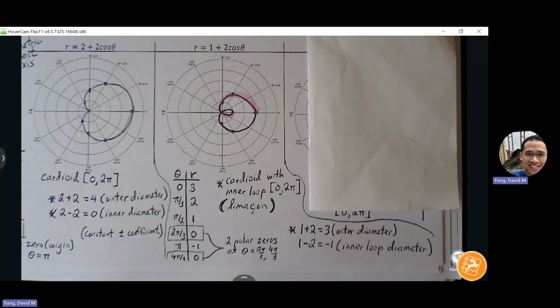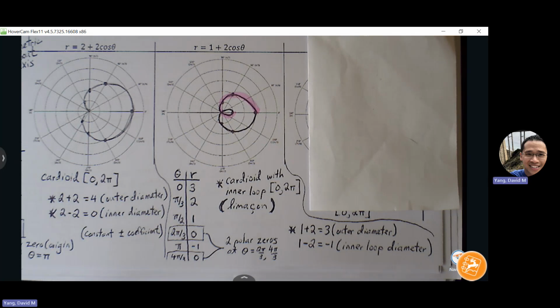Then after -1, it's going to get to another polar 0, and that's going to close the loop. And once it closes the loop, then it's beginning the path back to this starting point. So here I'm only providing the ordered pairs up to the halfway point, because after that we can just follow the same pattern above.